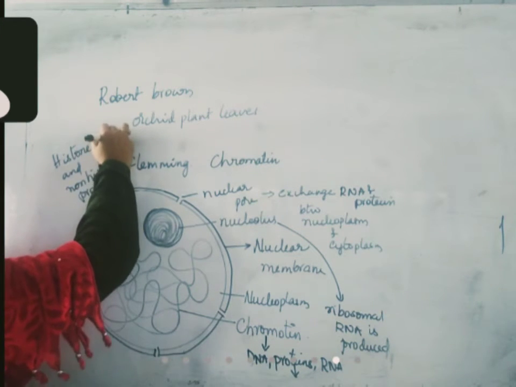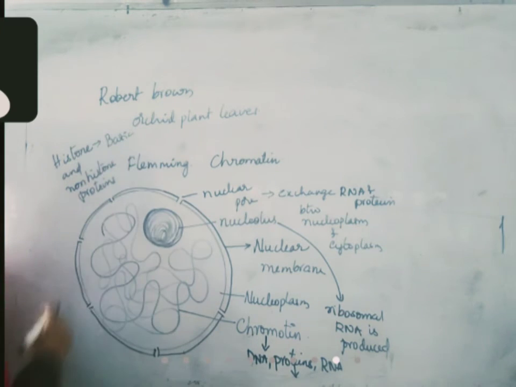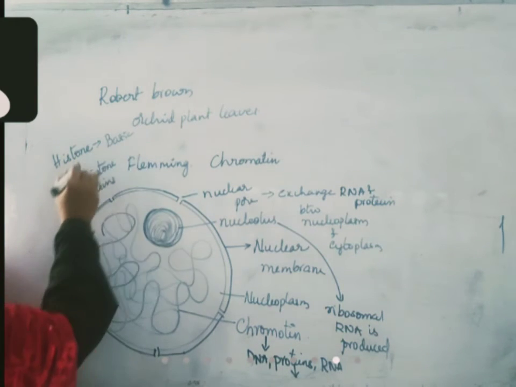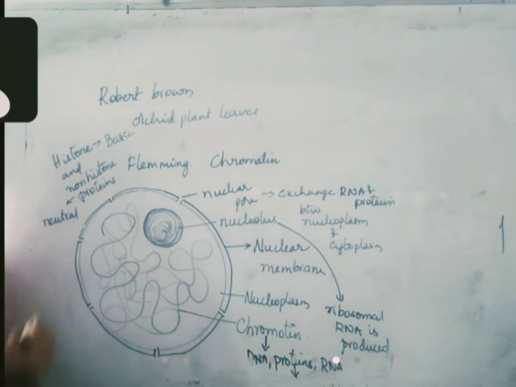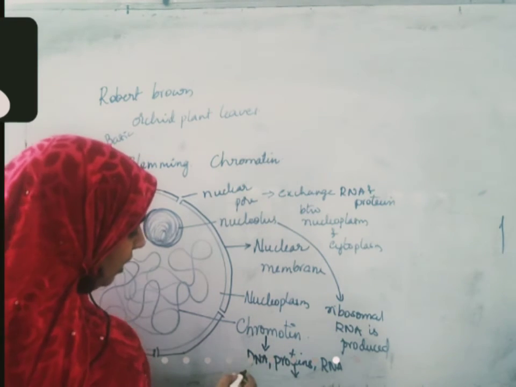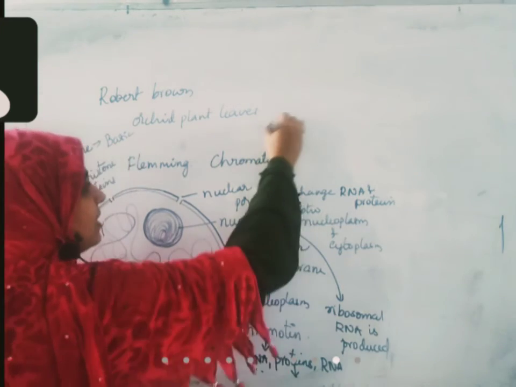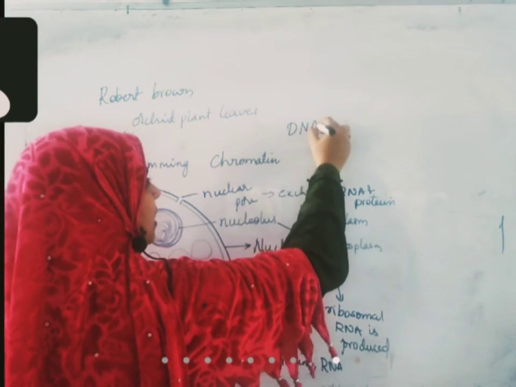Histone proteins are basic proteins, whereas non-histone proteins are neutral proteins. We know DNA is deoxyribose nucleic acid.